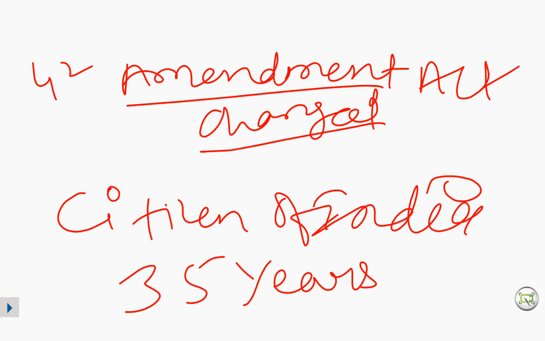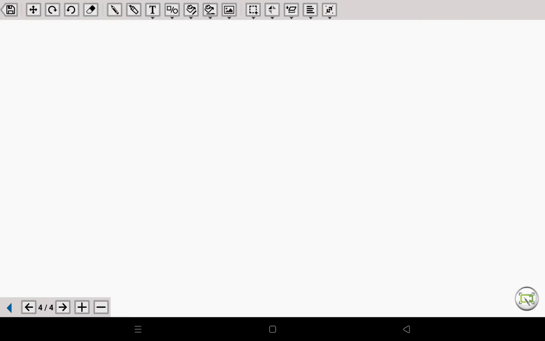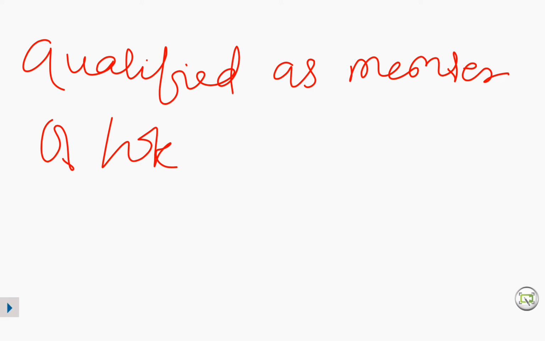And what is then? You should be qualified for election as a member of Lok Sabha. Not that you have to be a member of Lok Sabha, but you have to be qualified to be a member.